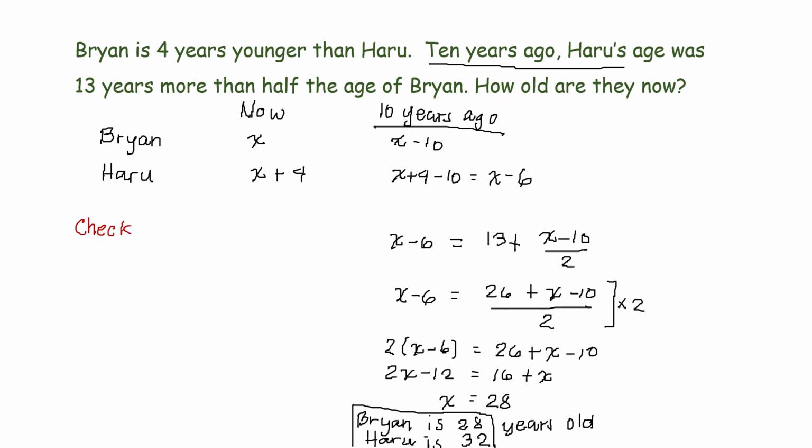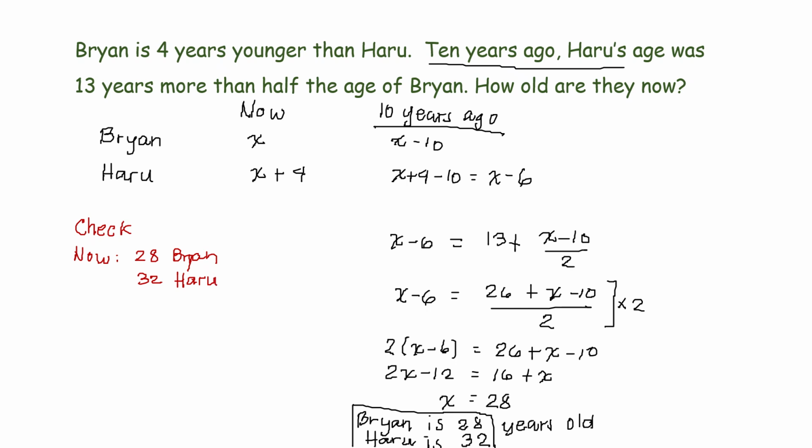clues given here. So now Brian is 28. That's Brian. And Haru is 32. Sorry about my spelling there, Brian. Okay.